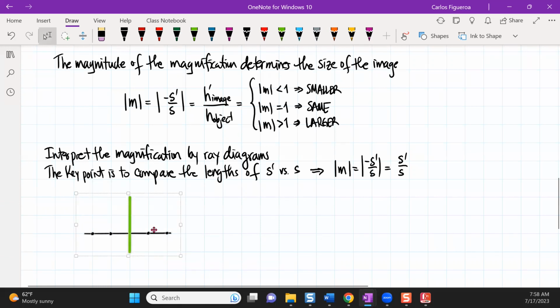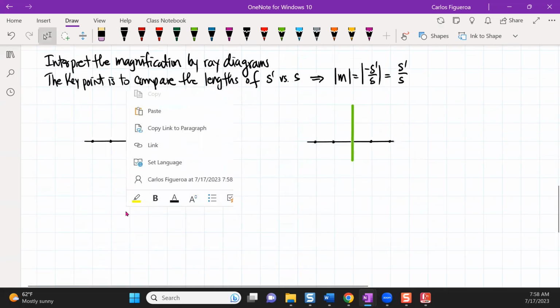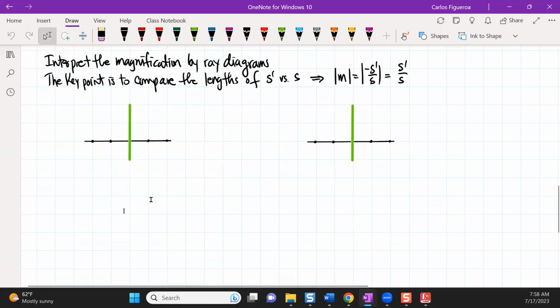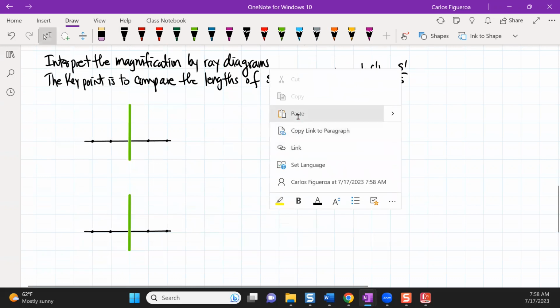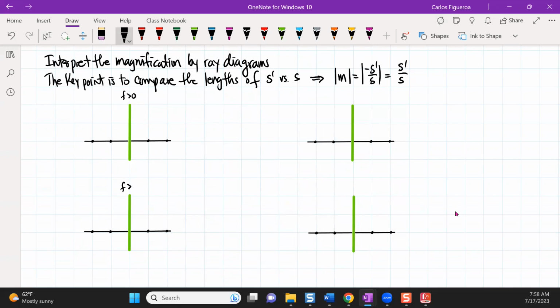Now I'm going to copy this, and let's just start drawing this guy. I'm going to separate these into 4 so that we can look at them. Okay, so here we go. For the sake of simplicity, all of these are going to be positive focal lengths.